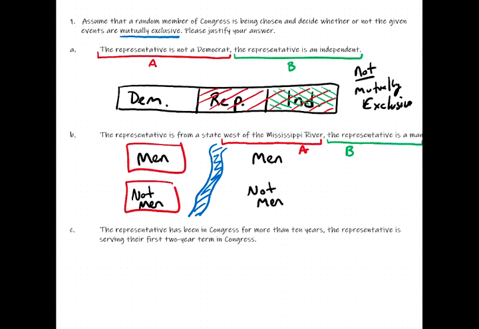So event B, well, we have men to the east, and we have men to the west. So it looks like you can be in event A and event B here as well. So for part B, again, we would say not mutually exclusive.